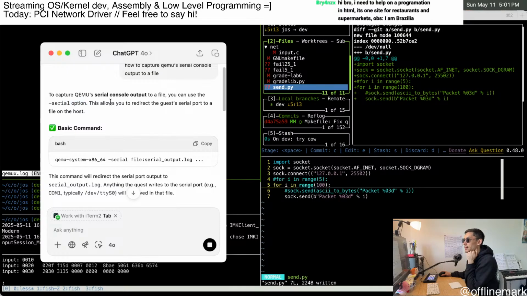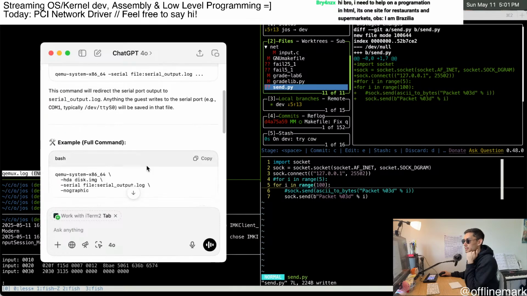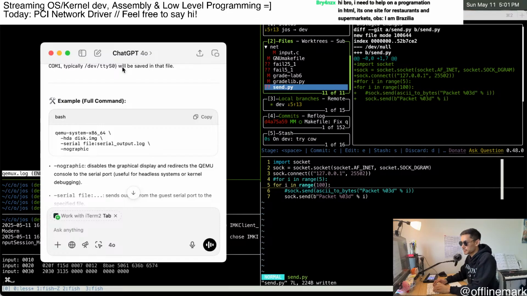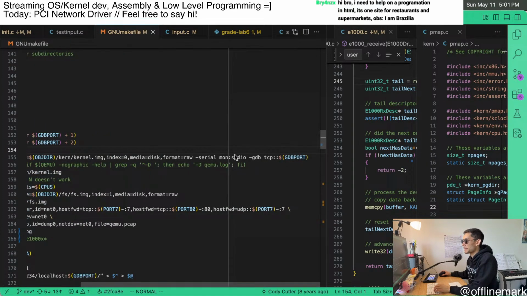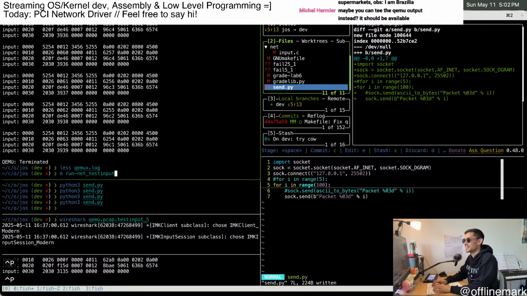This dash serial option, that sounds exactly like what I want. Do I not have that already? I have this monstd.io. Maybe you can tee the QEMU output instead. Right. What does tee do? I forget what tee does, right? Tee takes something and then also pipes it to a file, right?